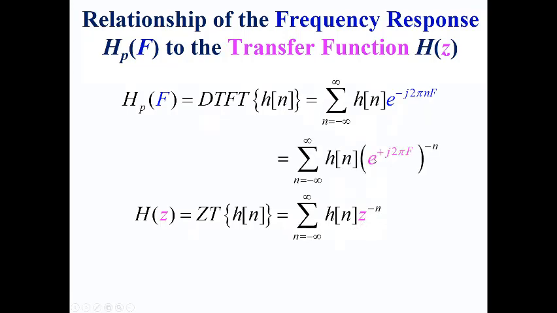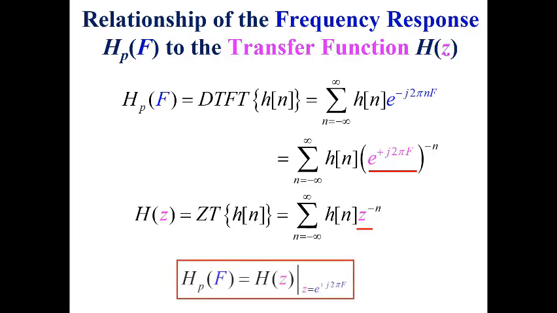If we let z be e to the plus j 2 pi f, and we only allow z to be those values, then that quantity raised to the minus n power gives us the same term that's in the DTFT definition. So if I have a transfer function or a Z-transform, and I want to go to its equivalent discrete time Fourier transform, I can simply make this substitution. Replace z with e to the plus j 2 pi f, and I'll be left with an expression that is the frequency response, the discrete time Fourier transform version of that quantity.